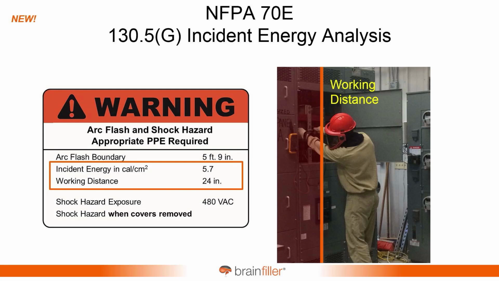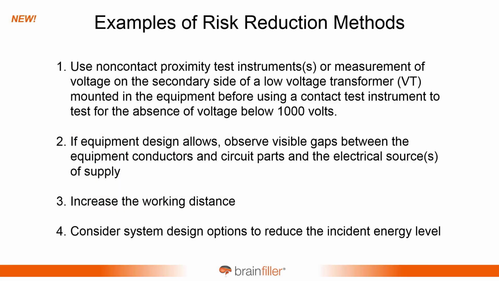There is remote operated equipment for legacy equipment where you attach some mechanism and then you get out of the way and you operate it remotely. That's increasing the working distance, and that greatly reduces the incident energy because incident energy drops exponentially as the working distance increases. And you may consider system design options to reduce the incident energy level as well.